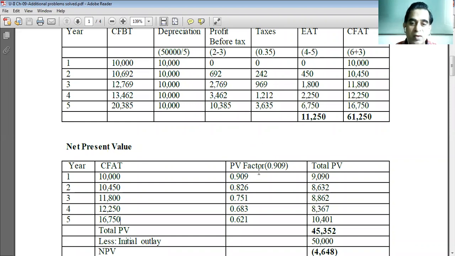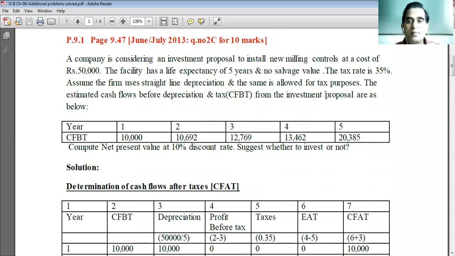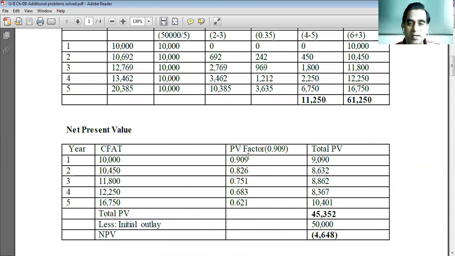Which table do we have to refer to for present value factors? Table A3. Very good. The rate of interest given in the problem is 10%. So we refer to table A3, the 10% interest column, and the present value factors from year 1 to 5 separately.